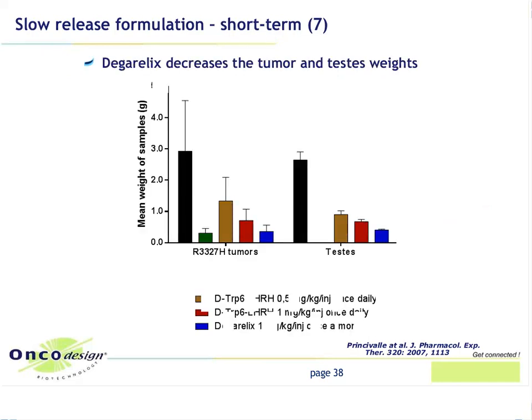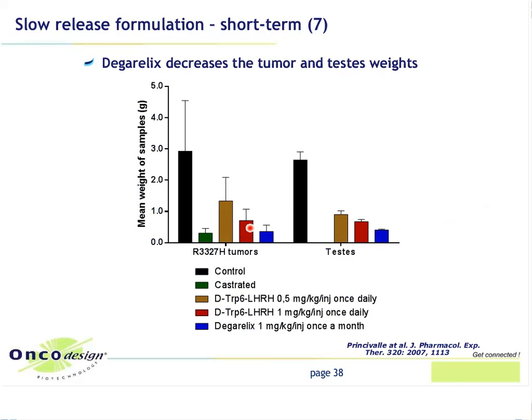At the end of the short-term experiment, we removed the tumor and testis to weigh these organs, and we've shown that for both tumors and testis, degarelix decreased their weights at the end of the study, and it was also the same for detripsis to a lesser extent.